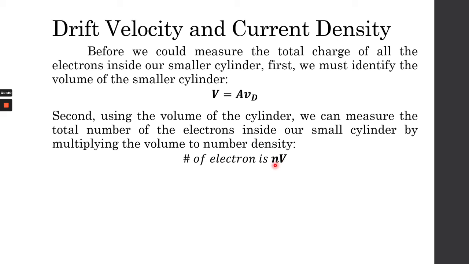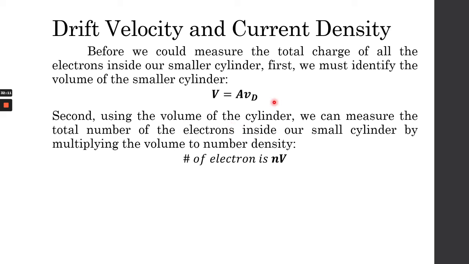Each conductor, a copper conductor, a gold conductor, has its own unique number density, and it's usually given in a problem, so do not worry so much about it. Unless it's being asked, then you can rearrange the equation that we're going to derive to solve for n.